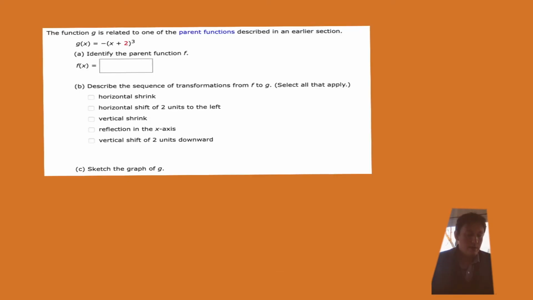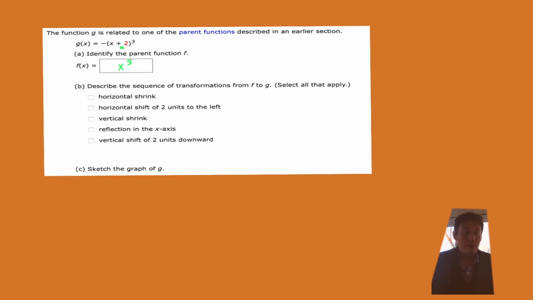The next question, you have a function g, which is related to a parent function. What is the parent function here? Well, if you didn't have any transformations here, this would just be x cubed. That's my parent function. So we have 2 transformations happening here. We have a positive 2 on the inside, which would move it opposite of what you would think.